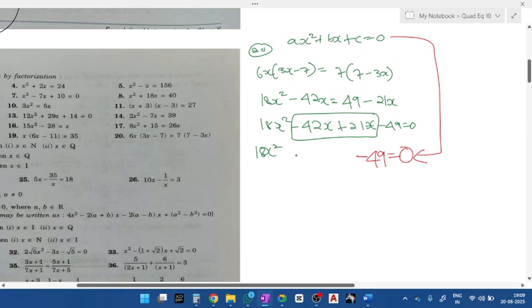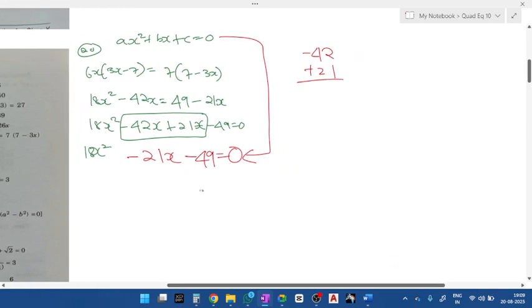What did you get? Minus 42 plus 21 minus 21x. Okay, try this question, students. Multiply first and last one. Minus 49 into 18. Multiply minus 49 into 18.